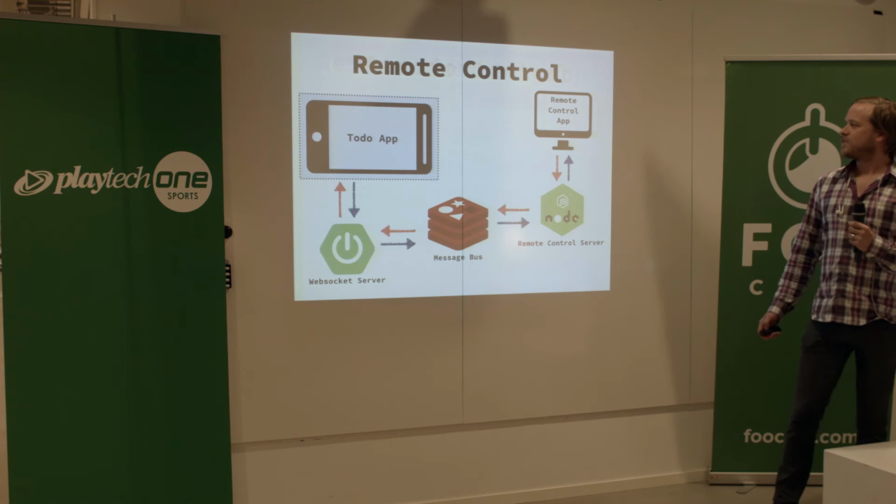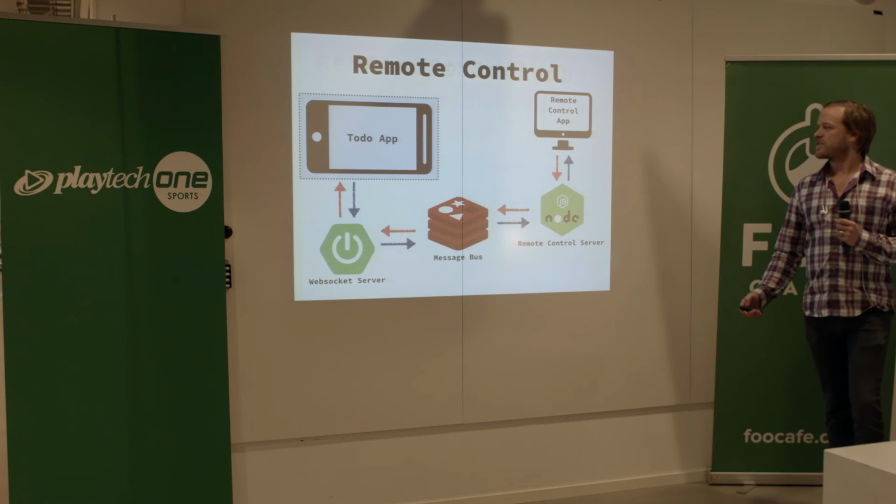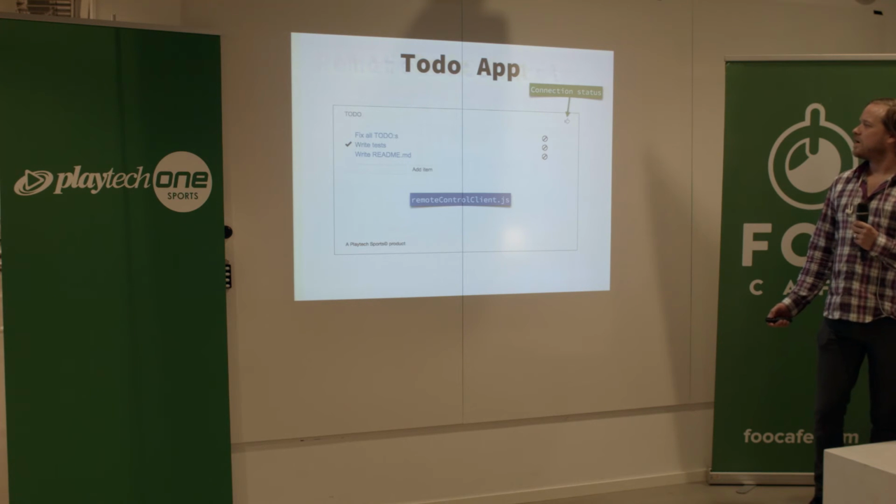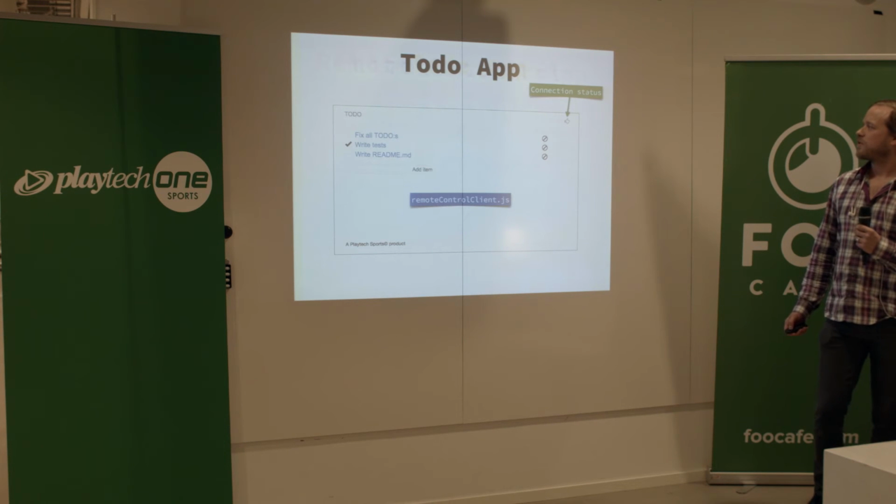Now to the interesting part in the to-do app, which is to hook this up with a remote control server somehow. We will visually add a little icon here in the top right corner to show a thumbs up if we are connected or a thumbs down if we failed to connect.